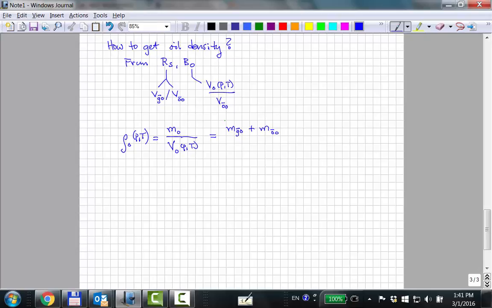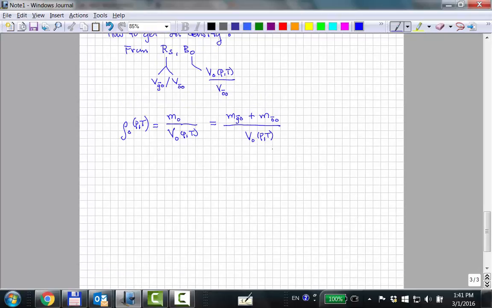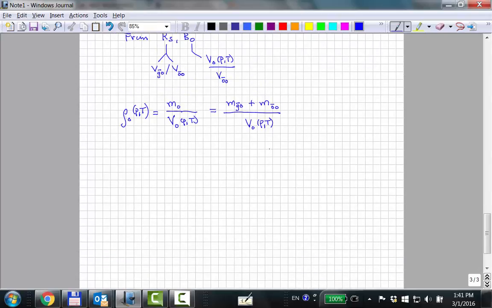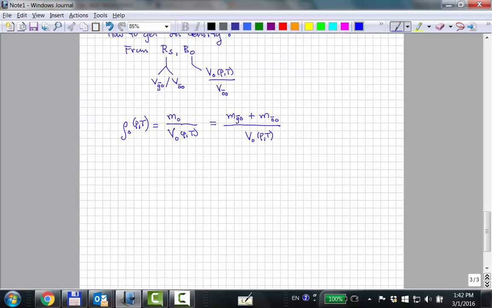So it's the mass of the two components divided by that. Agreed? No tricks, it's just standard stuff. So the question is, how do we get these two guys from this? That's what we have to figure out.